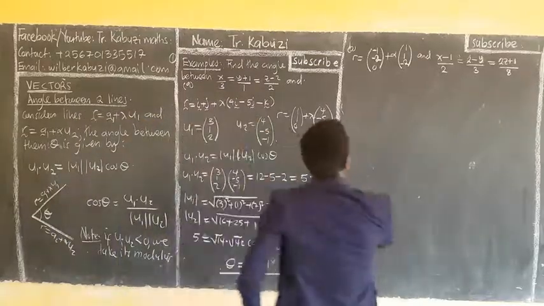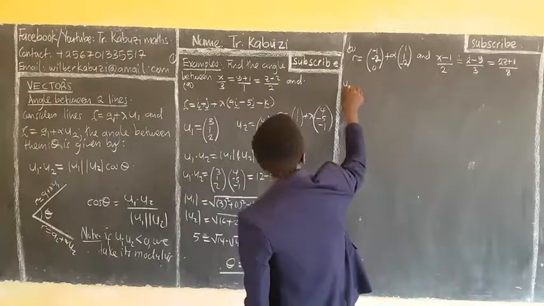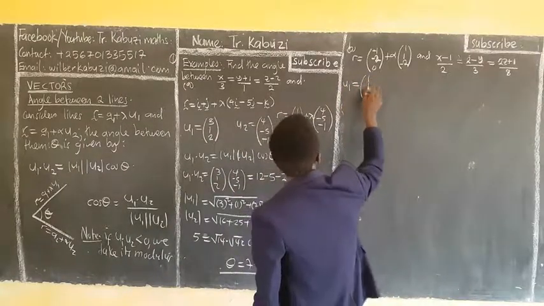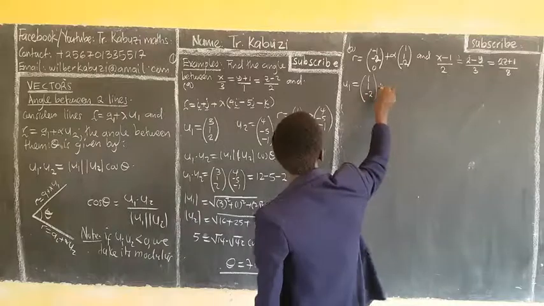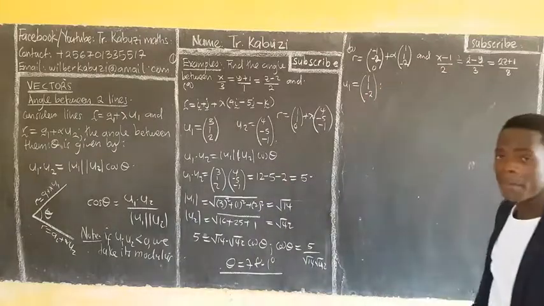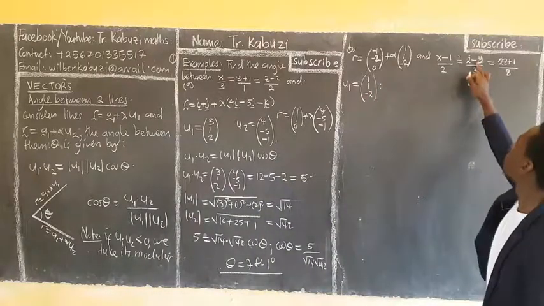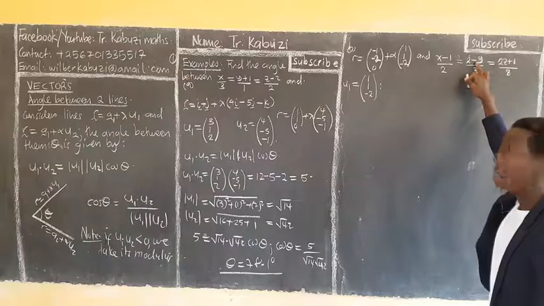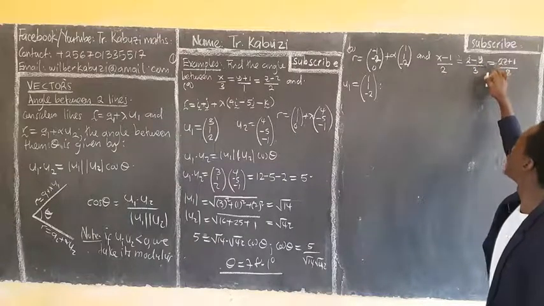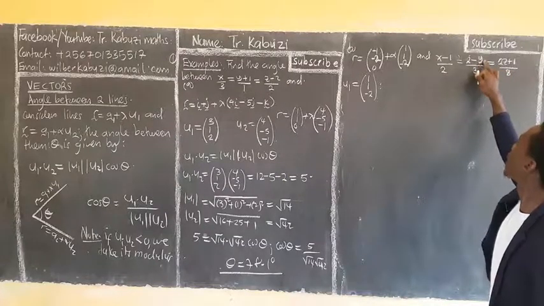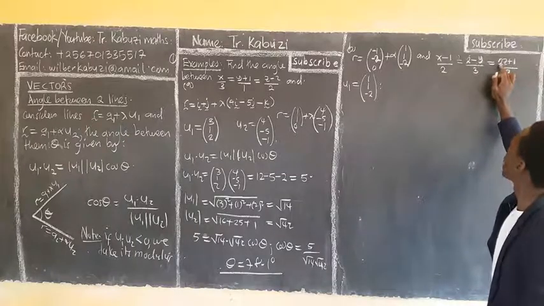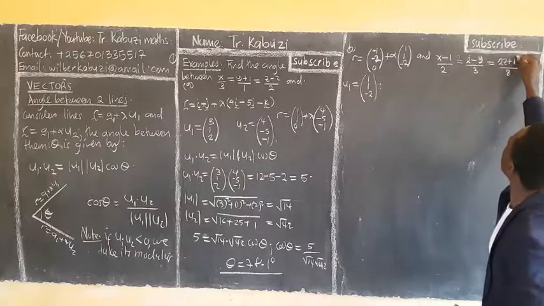When I come to this one, my u1 is 1, 1, negative 2. I'm interested in u2, but the coefficients here are not 1. For this, we multiply by negative 1, and for the other we use the reciprocal of the coefficient.